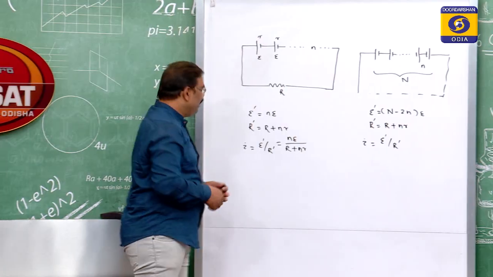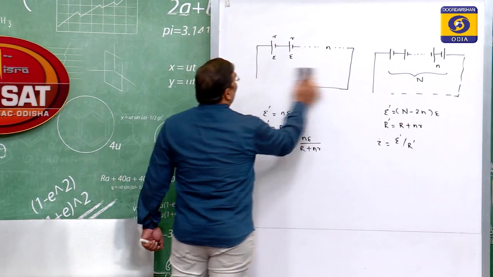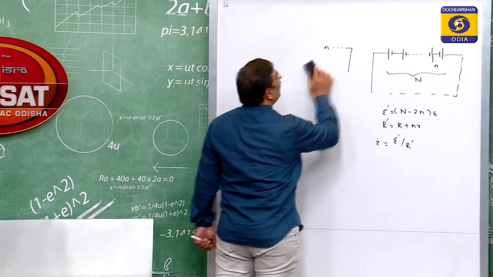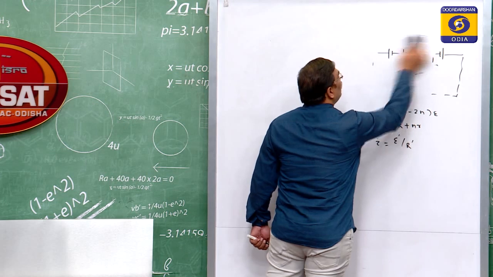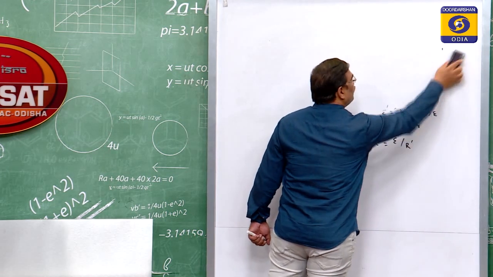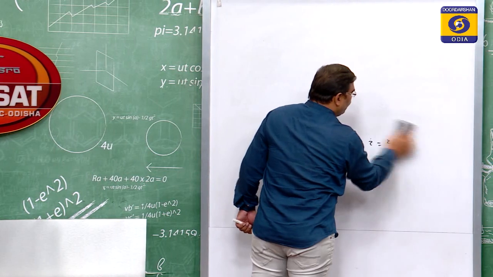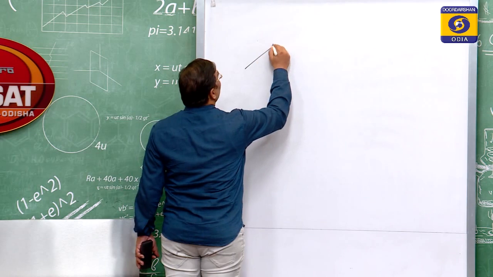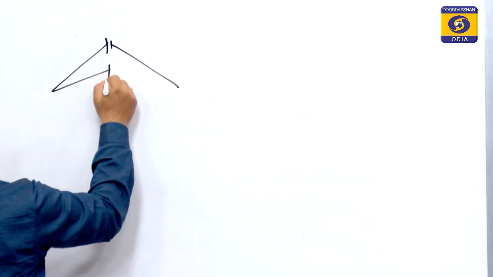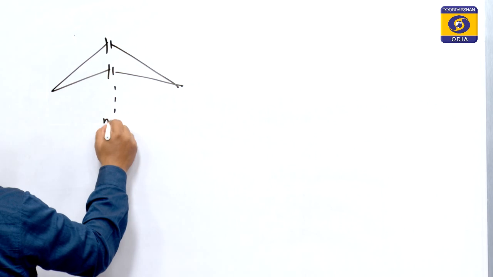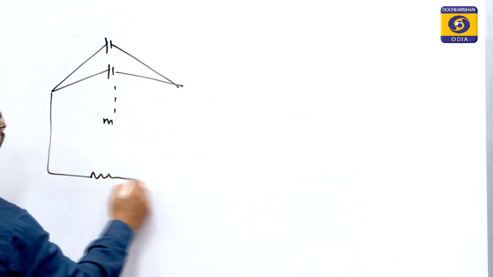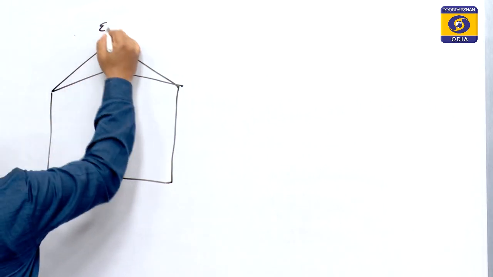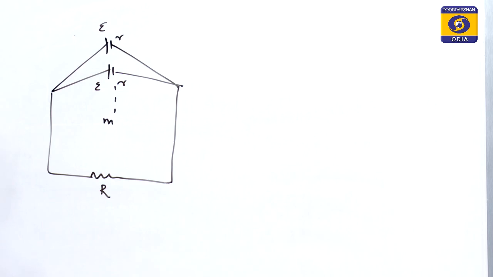Similarly, let us consider parallel grouping of cells. In case of parallel grouping of similar cells, since all the cells are connected between two particular points, suppose m cells, and here is my external load R, each cell with EMF E and resistance r.